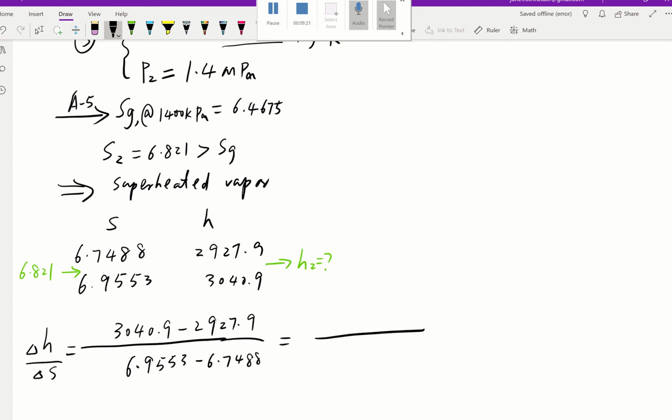That's equal to 3040.9 minus our H2 value, over the corresponding S, 6.9553 minus our S value, because it's isentropic, so that is equal to S1.